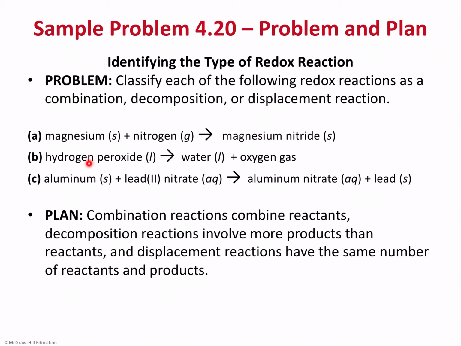And then hydrogen peroxide giving you water and oxygen gas. What is that type? That is a decomposition reaction. And then we have aluminum plus lead nitrate giving us aluminum nitrate and lead. And that is a single displacement reaction.